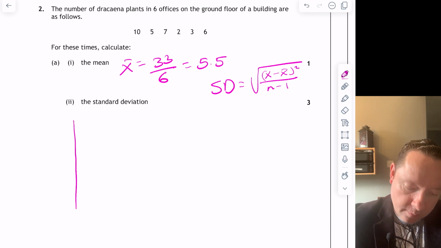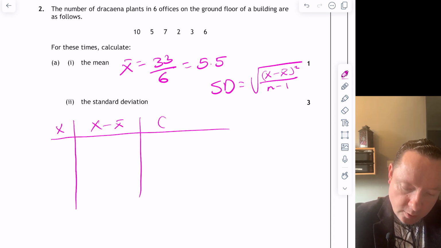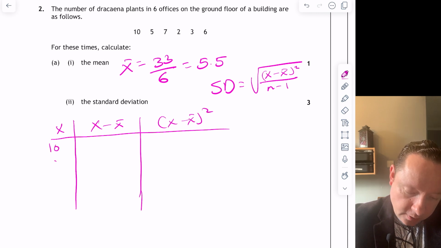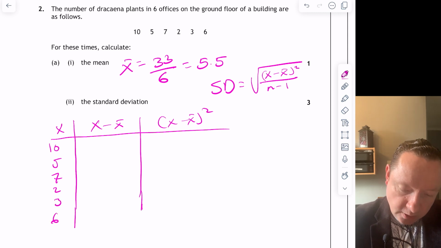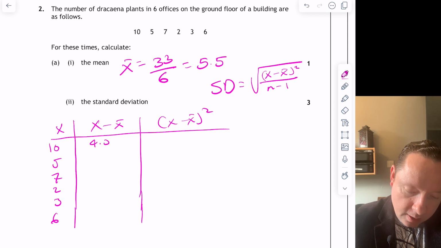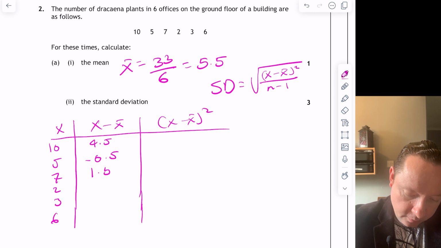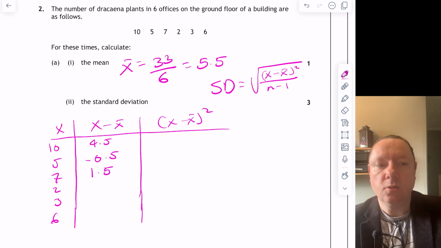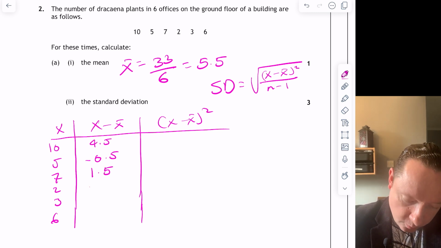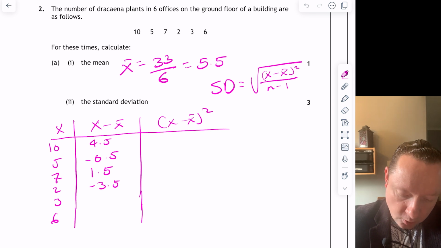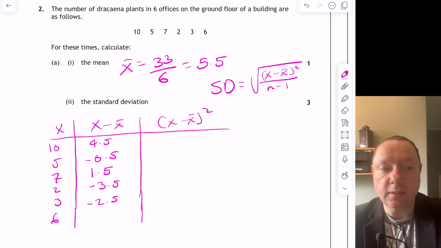I usually draw a little table with my x's, x minus x bar, and x minus x bar squared. My x's go down the side: 10, 5, 7, 2, 3 and 6. X minus x bar means you take away the mean each time. So you get 4.5, minus 0.5, 1.5, 2 minus 5.5 is minus 3.5, then minus 2.5, and finally 0.5.